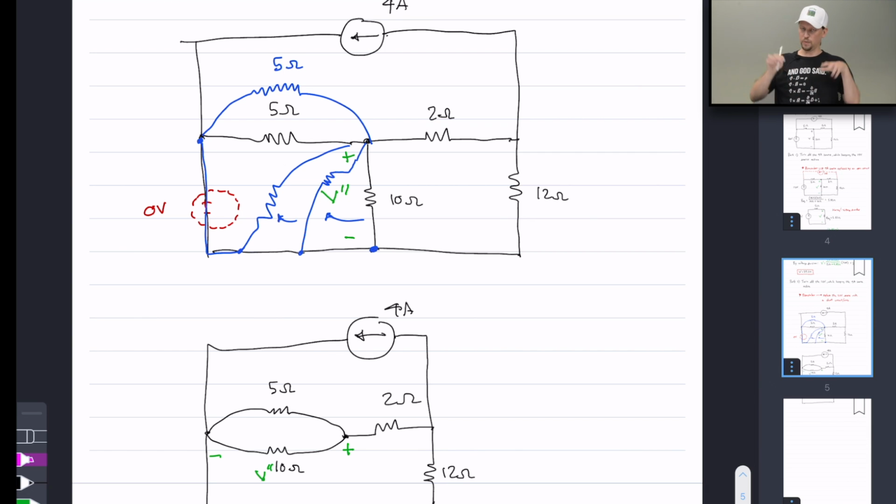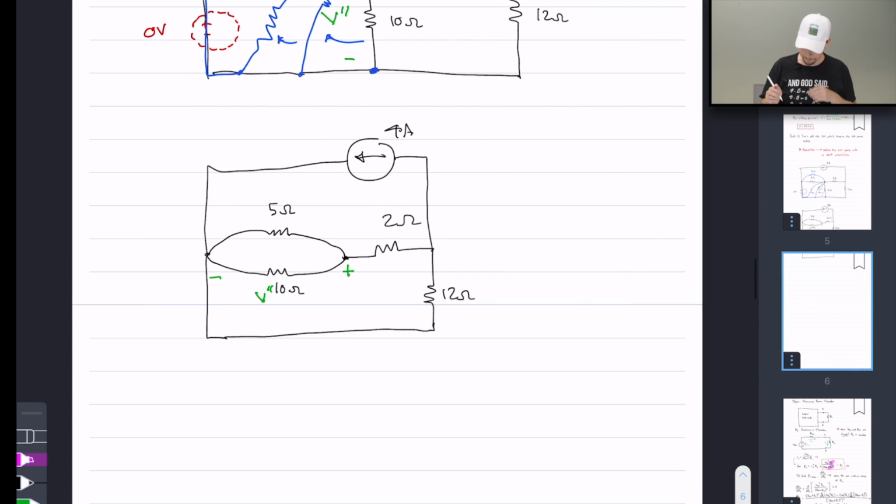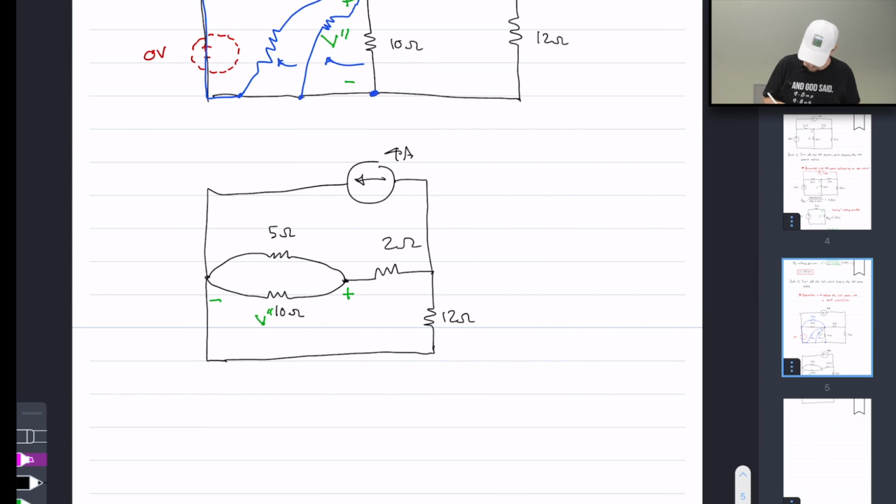Now, with this sliding action, it should be very clear that the 5 ohm and the 10 ohm resistor are actually in parallel with respect to one another, right? Now, one of the things that you should also see is I can add these two in parallel and replace them with one equivalent resistance.